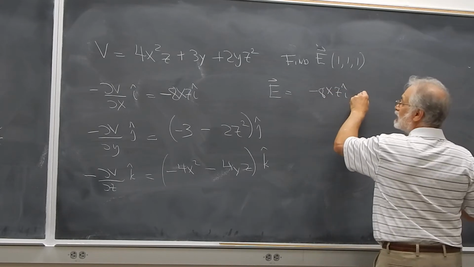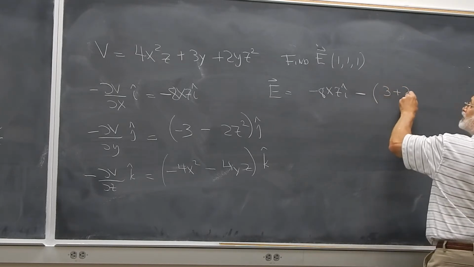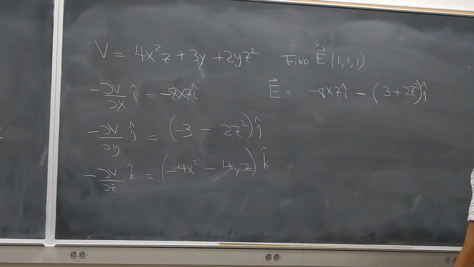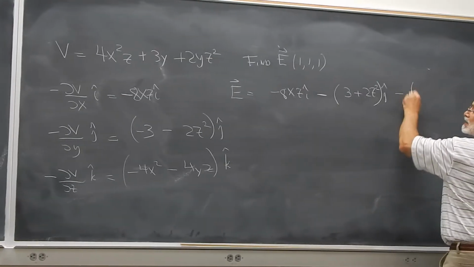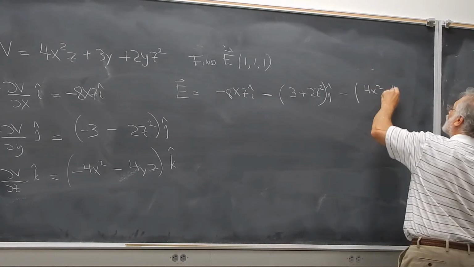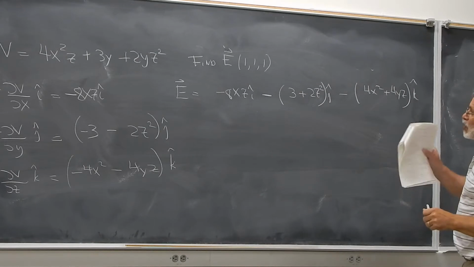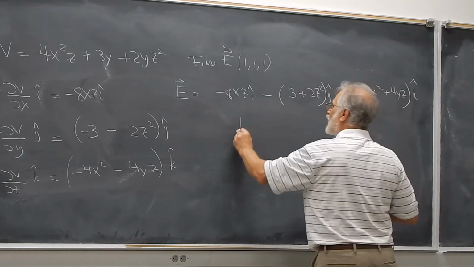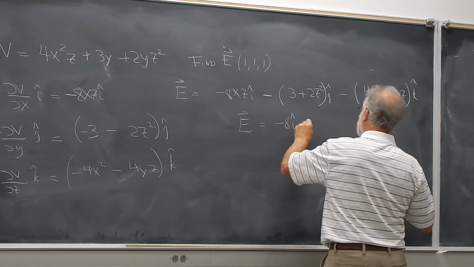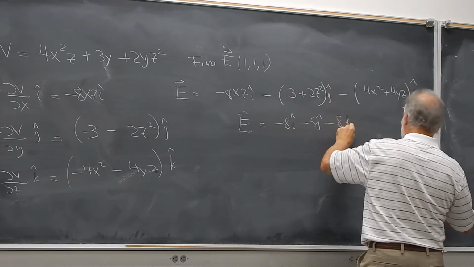So put it all together, my electric field then is minus 8xz i minus (3 plus 2z squared) j, distributing out the minus sign, minus (4x squared plus 4yz) k. And if I put in the values 1, 1, 1 for x, y, and z, I'll get an electric field that looks like minus 8i minus 5j minus 8k.